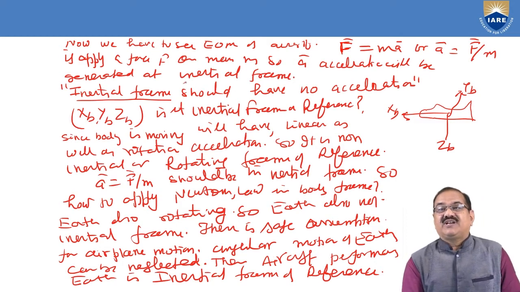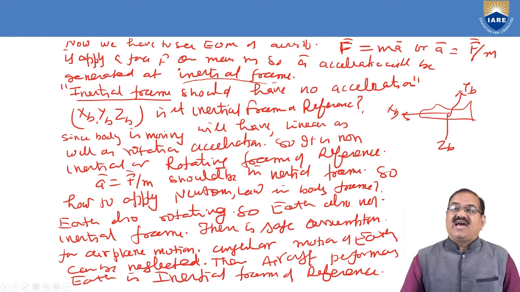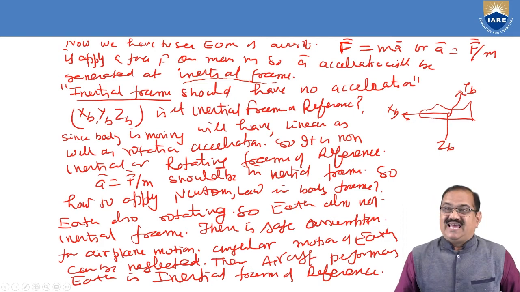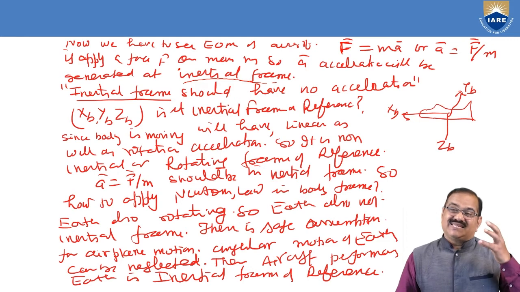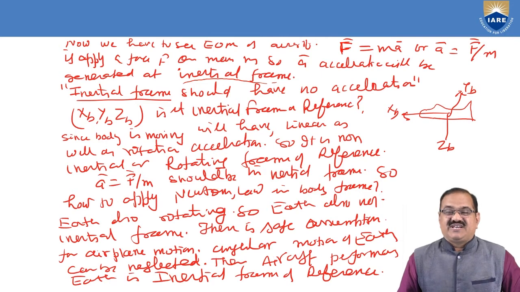This is very important. We have to understand that these things are in the inertial frame. Newton's law is applicable in the inertial frame. So if you apply a force on mass m, this mass will experience an acceleration, and this acceleration is measured in the inertial frame.